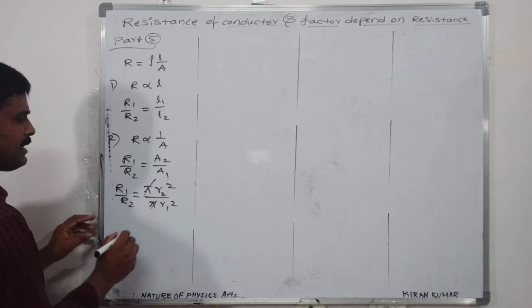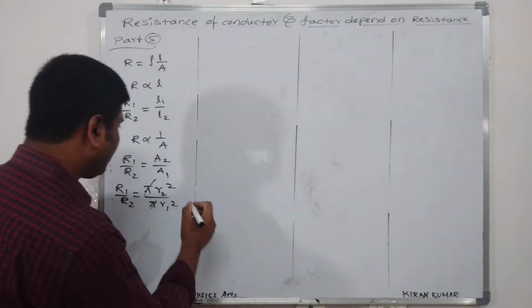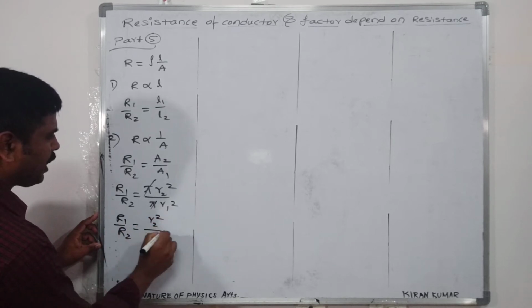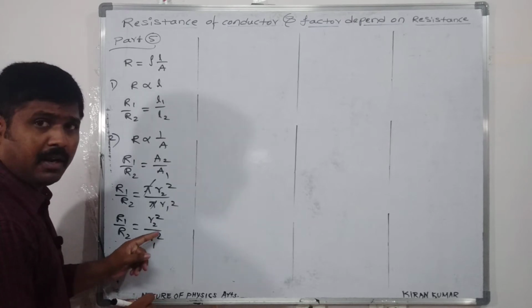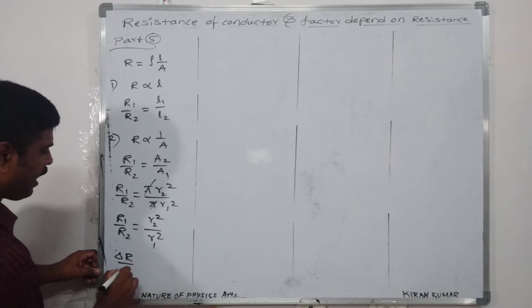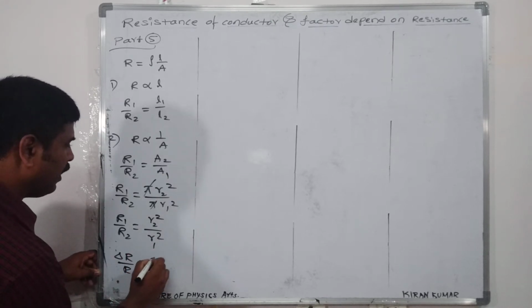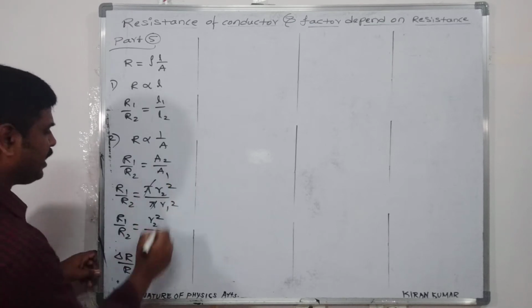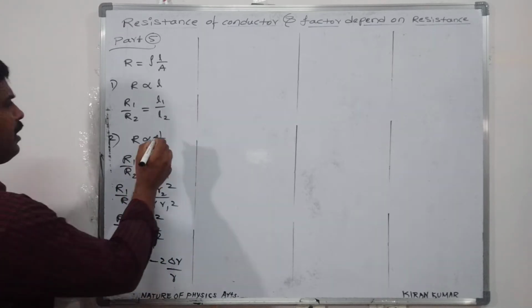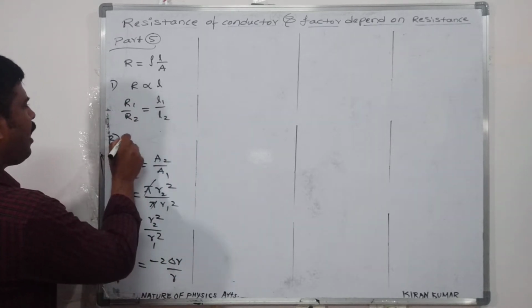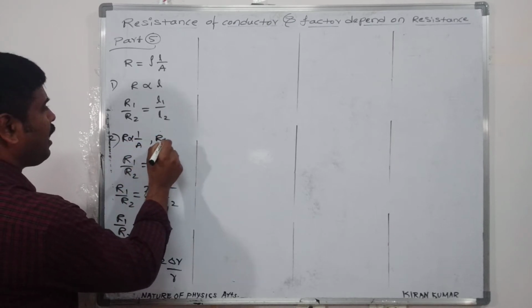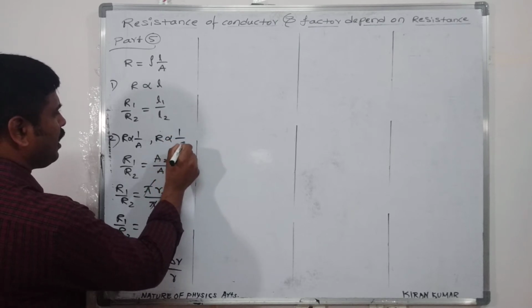Pi gets cancelled. So next step, R1 by R2 is equal to r2 square by r1 square. This is the radius and this is the resistance. So we can write delta R by R is equal to minus 2 delta small r divided by R. Here indirectly we can write R directly proportional to 1 by A, nothing but R inversely proportional to r square.